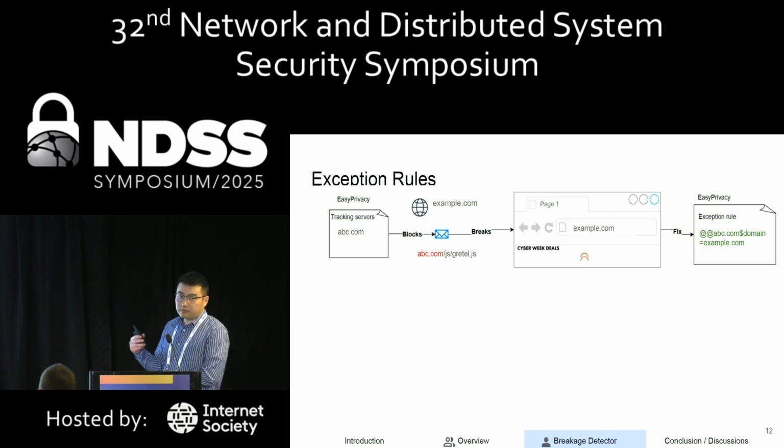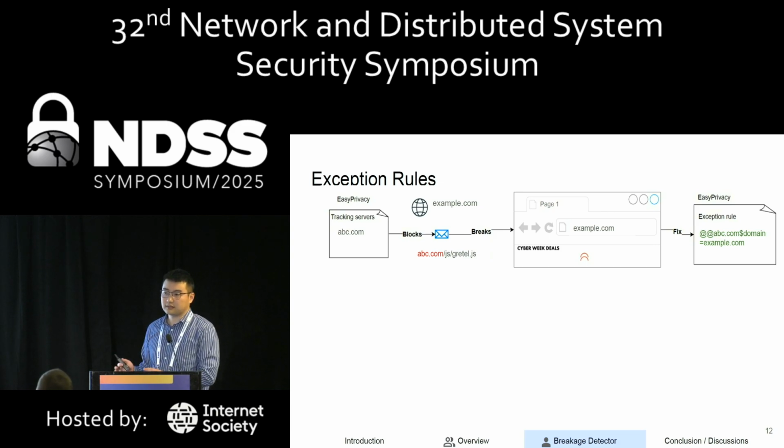A privacy developer comes along, investigates the issue, and realizes that this particular resource is not a tracking resource. It is a functional resource, and blocking it causes the web page to break. Therefore, privacy developers temporarily fix this issue by inserting an exception rule with the preceding at signs, stating that any request going to abc.com should not be blocked on example.com.